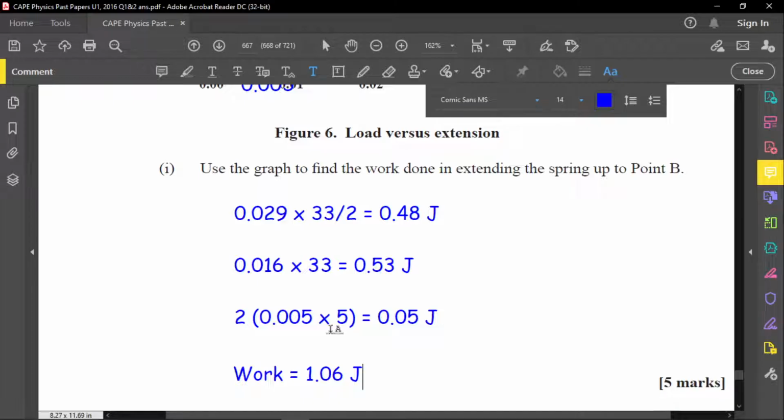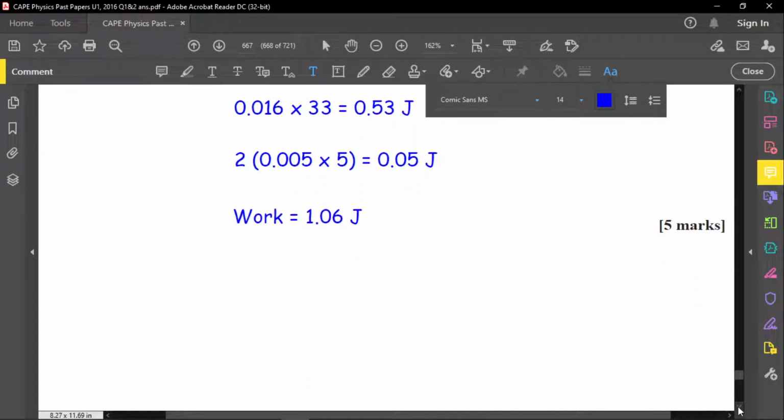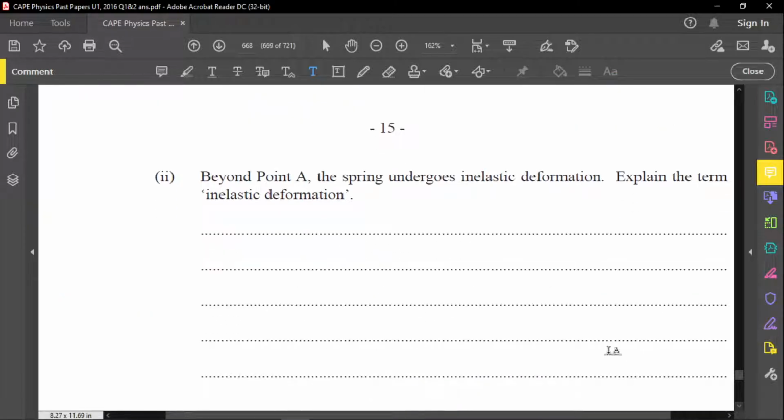All right, so the next part of the question reads that beyond point A, the spring undergoes inelastic deformation. Explain the term inelastic deformation.